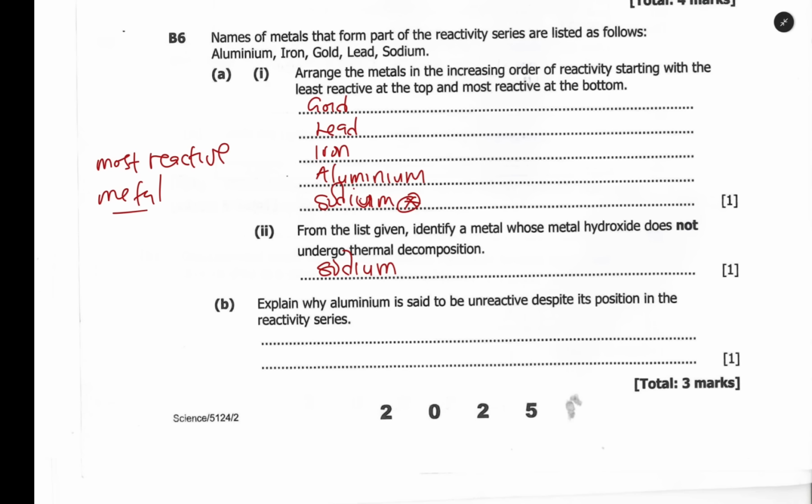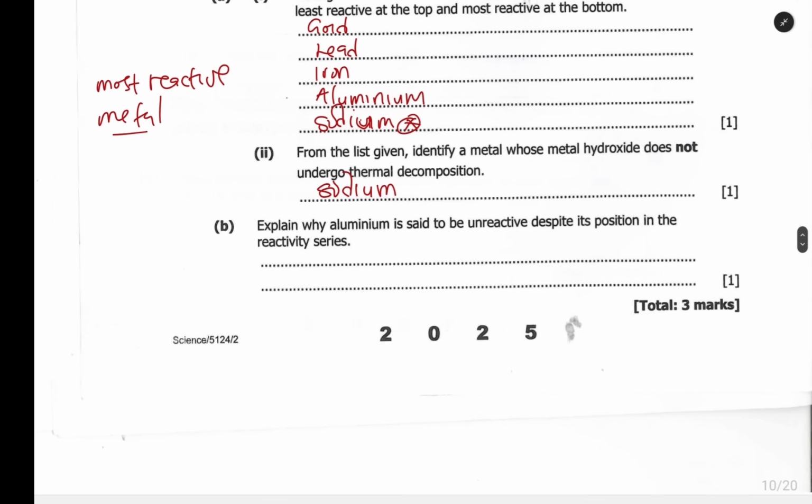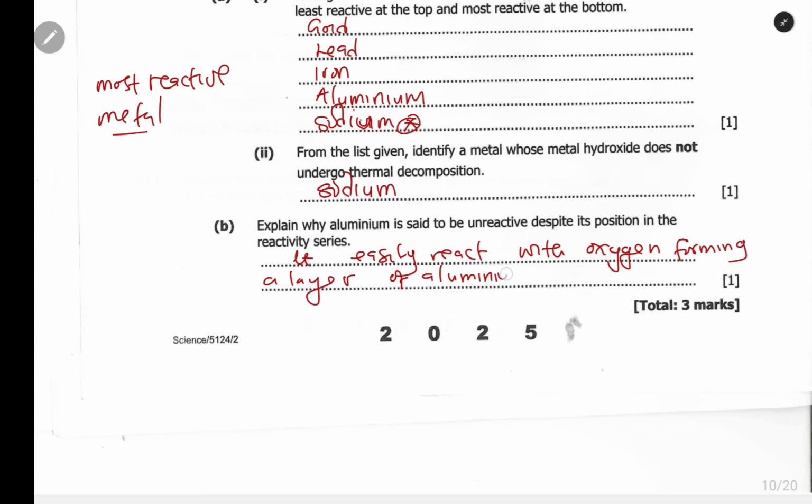Aluminium easily reacts with oxygen, forming a layer of aluminium oxide, which is a protective layer, hence its non-reactivity, making aluminium unreactive.